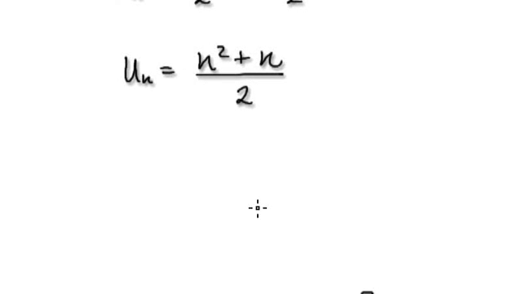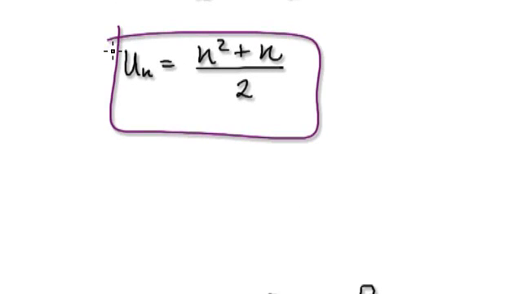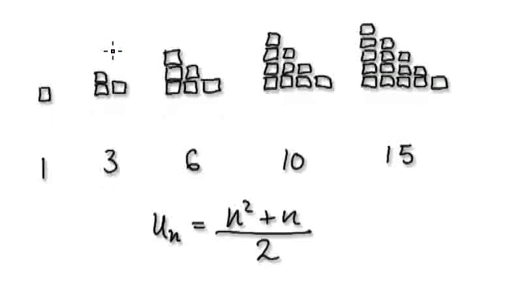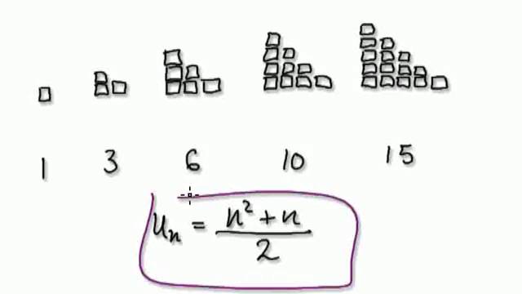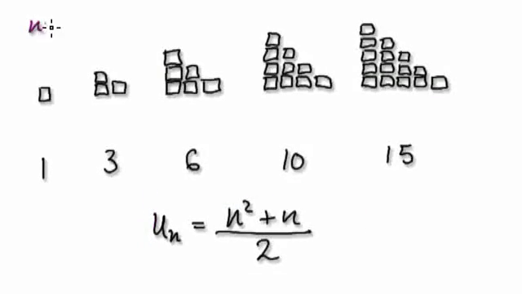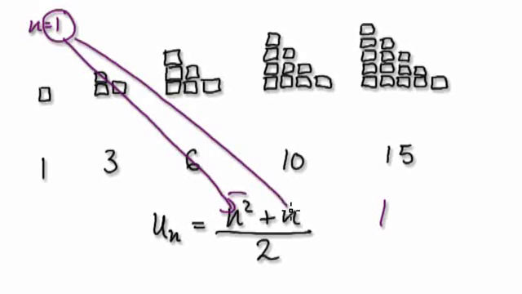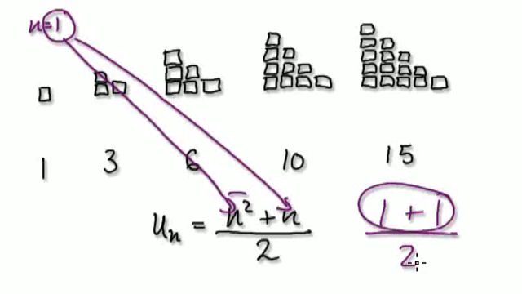So now let's double check. This here is our formula. When n equals 1, put 1 into here. So 1 squared will be 1, and then plus 1 over 2. So now 2 divided by 2 is indeed 1.